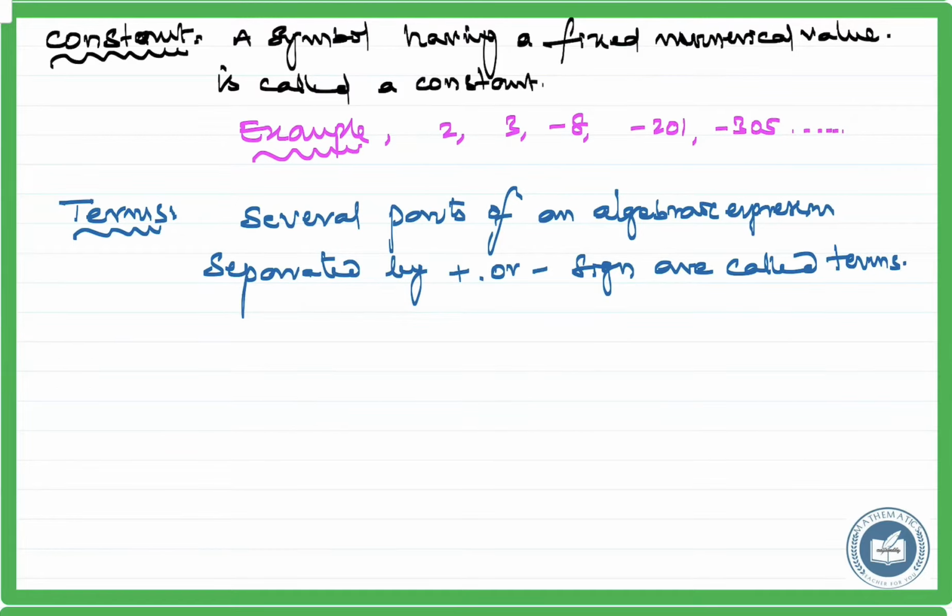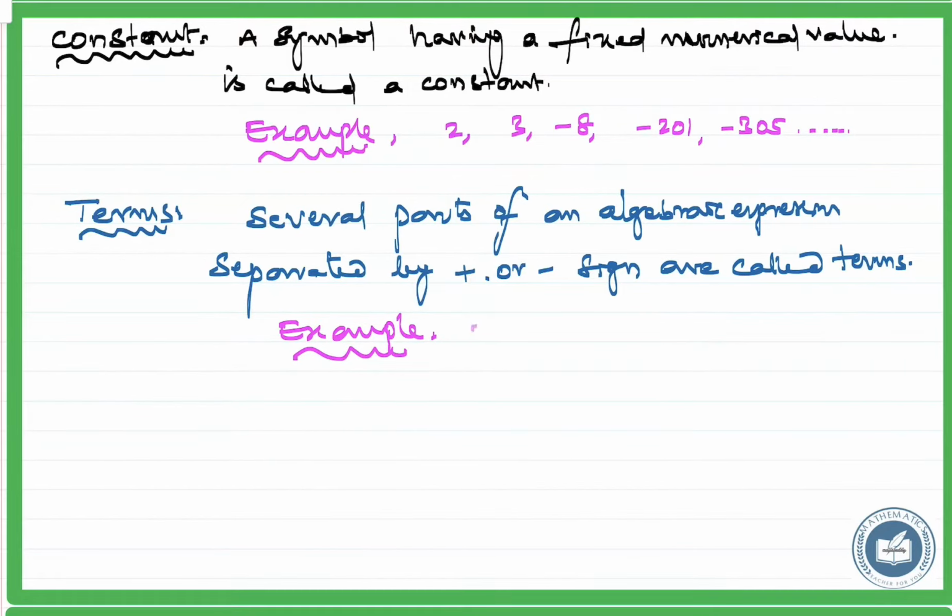Suppose I take one algebraic expression here: 3x to the power of 5 minus 7x to the power of 4 plus 3x cube plus 2 upon x square plus 7 upon x plus 18.